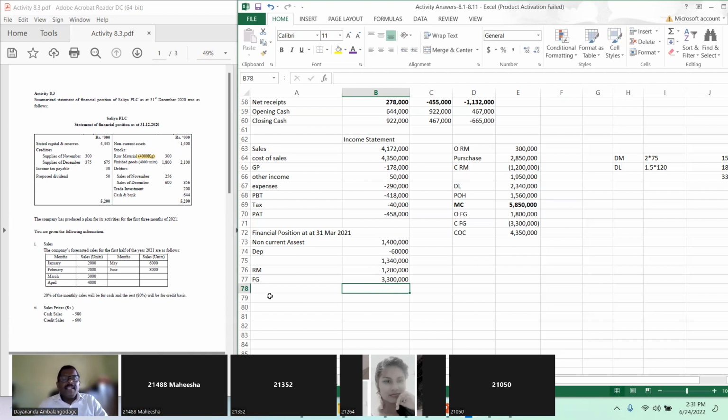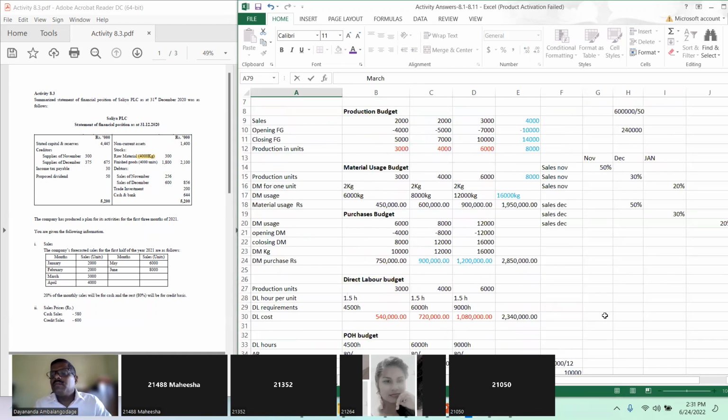Right. Then the debtors. So we have February debtors, and we have March debtors. Okay, we put both separately.